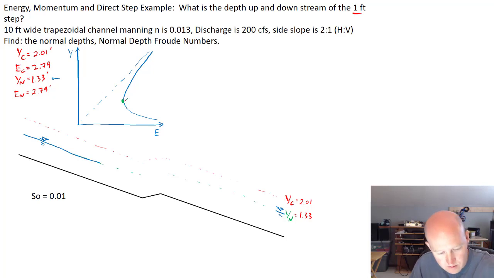So there's YC, there's YN, there's EC, and EN.